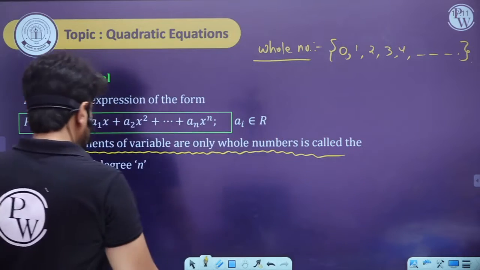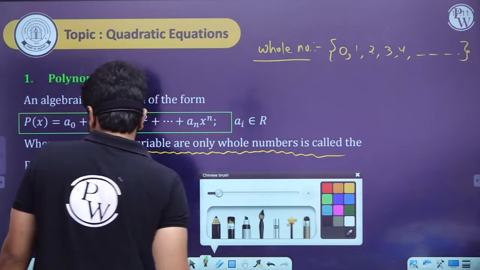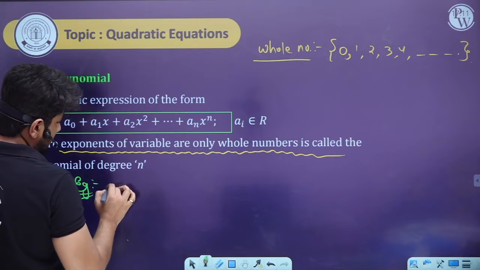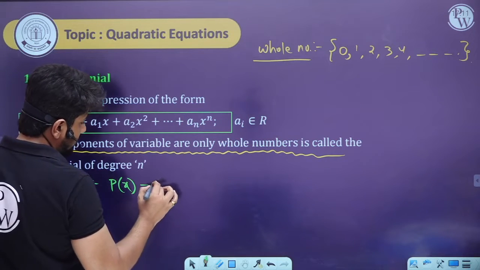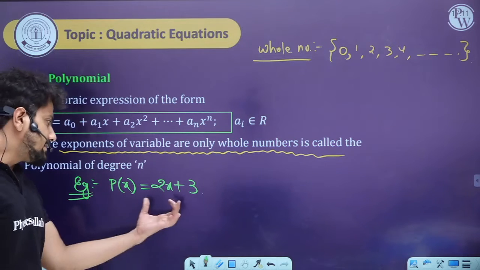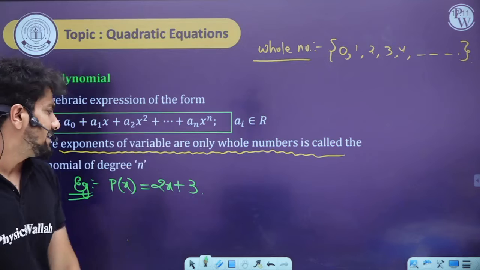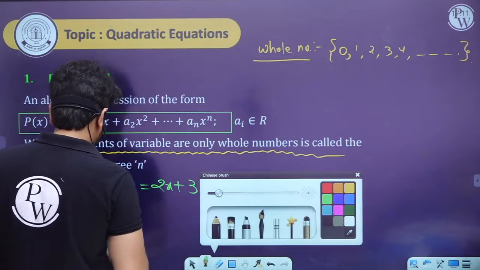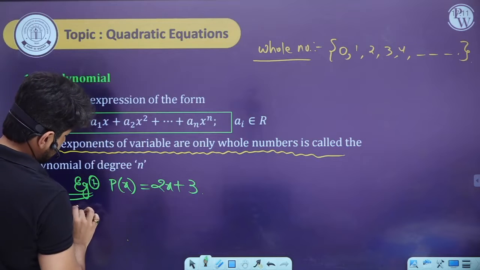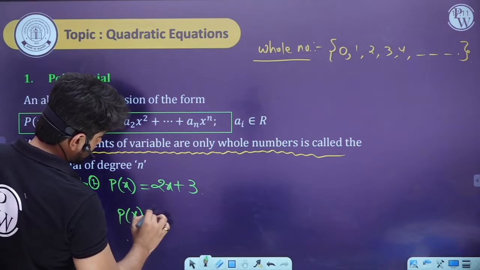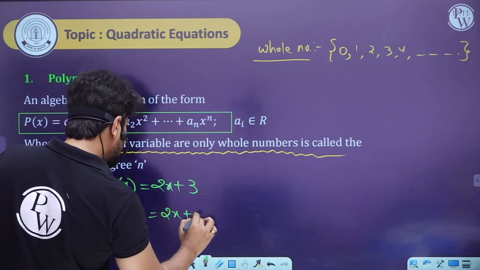Now, let's take an example. Let's take a few examples. For example, p(x) is equal to 2x plus 3. Is this a polynomial? Yes, this is a polynomial. This is known as a linear polynomial. Example 2, let's say that p(x) is equal to 2x plus root 3.